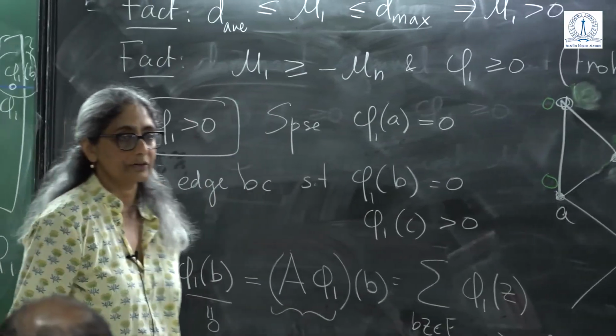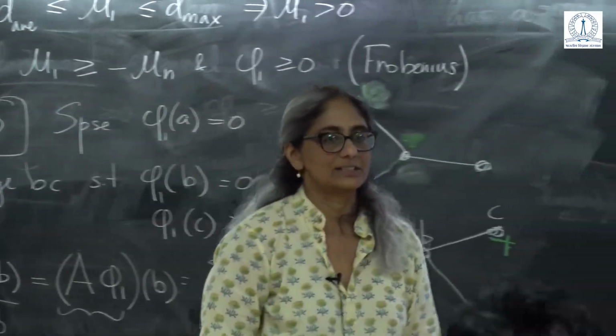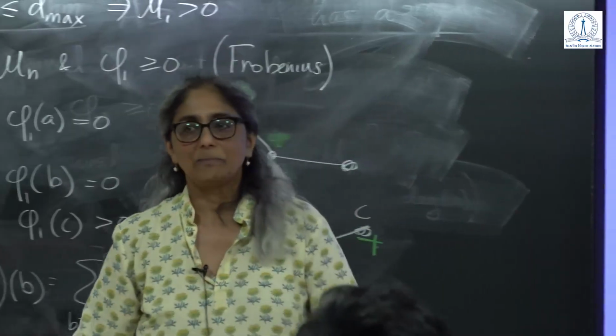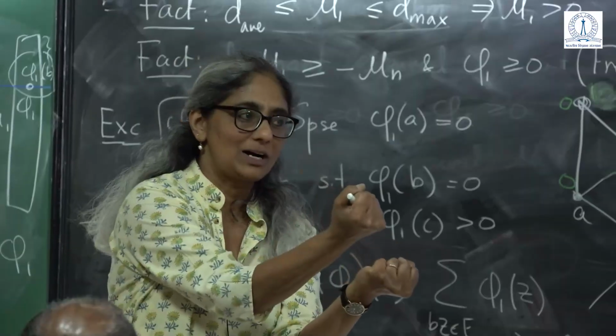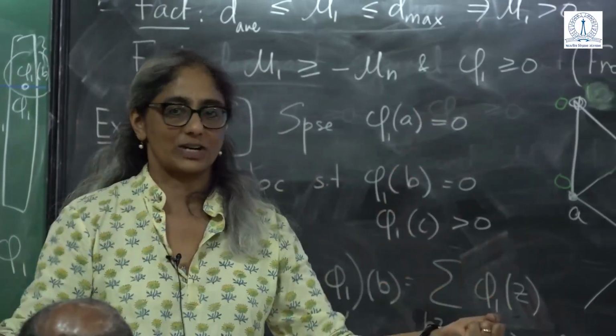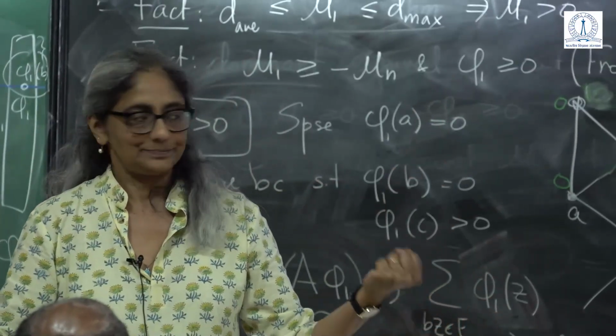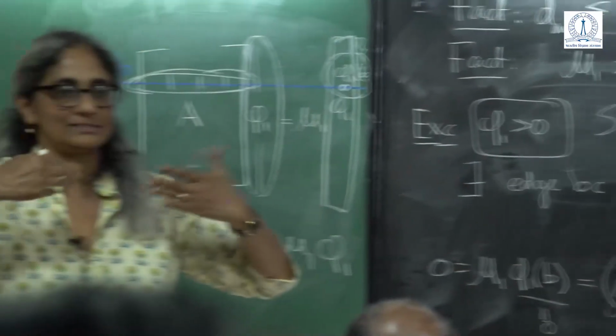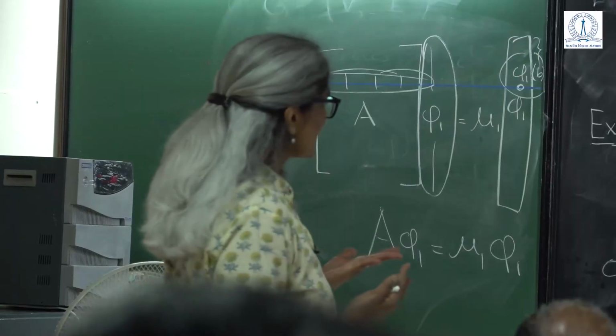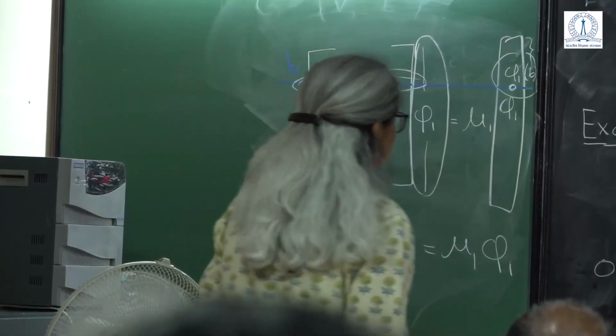This is the thing, okay? What did we actually use? We have 1 minute. Can you make a stronger statement? So I just proved to you that phi 1, which goes with mu 1, is strictly positive. Can you strengthen it a little bit?